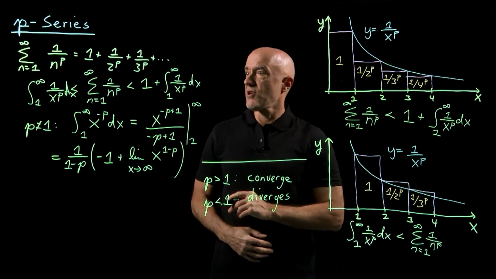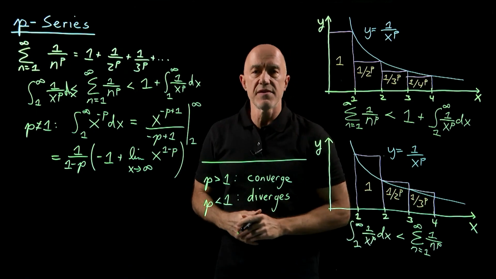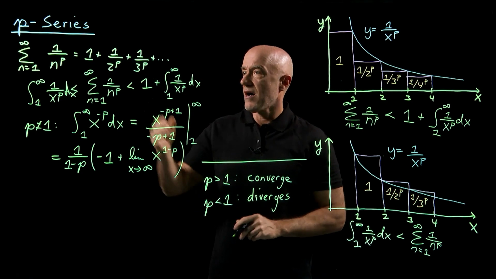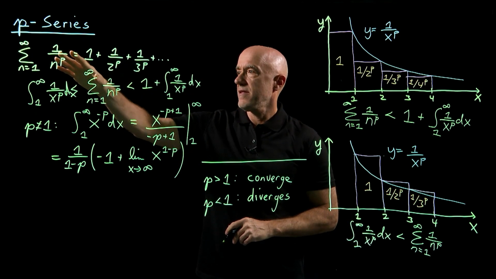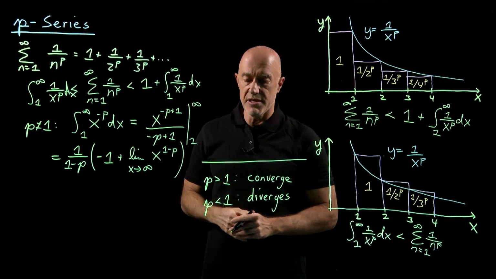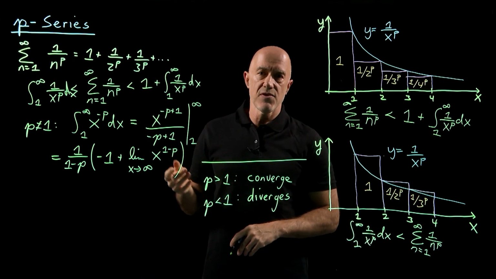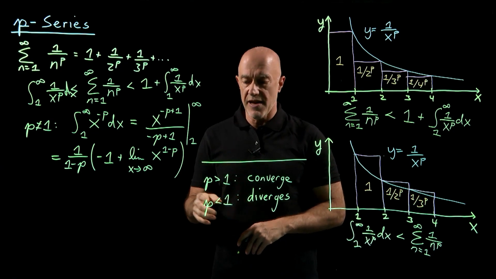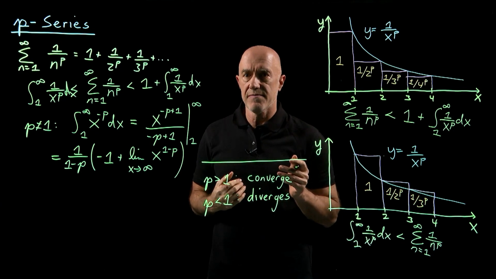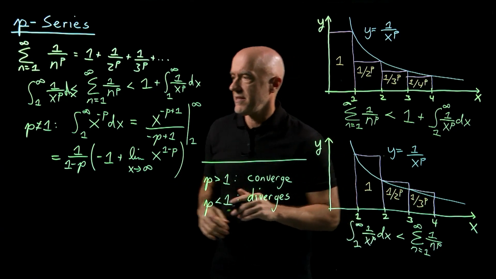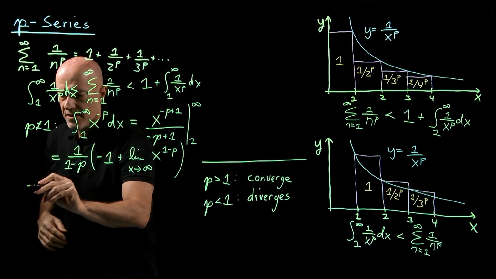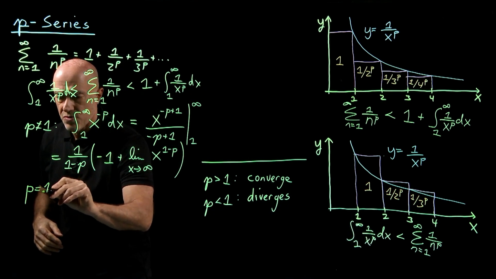Okay? So p equals 1 is the dividing point here. For a larger value than 1, the p series converges. For a smaller value than 1, the p series diverges. We know that the p series diverges when p is negative. So the remaining case is the borderline case, p equal to 1.